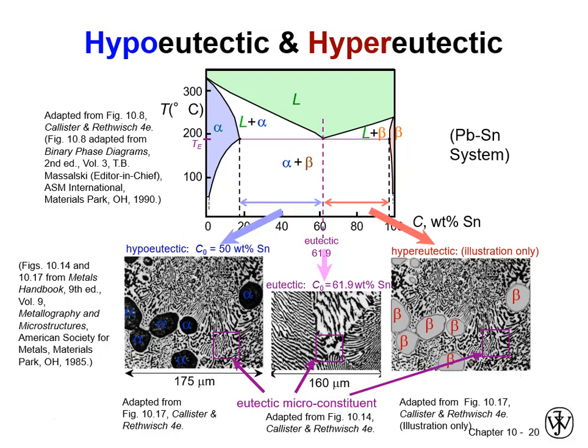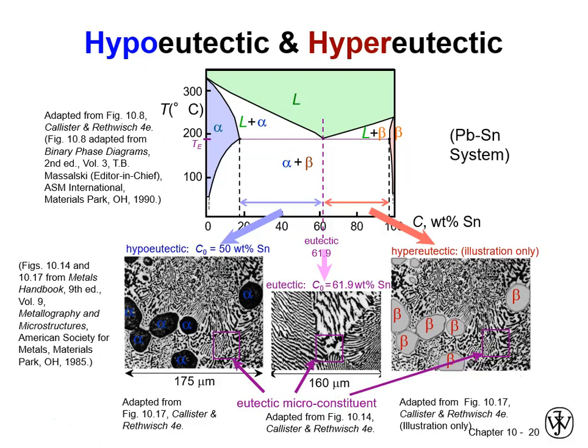Very important thing to note, since the eutectic forms last from the remaining liquid, it is the continuous microconstituent. Now, we don't call it the continuous phase because as a eutectic it is by definition at least two phases, but we call it a microconstituent. But whatever properties it has will tend to determine the properties of the overall material.